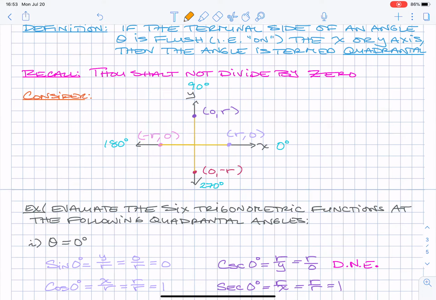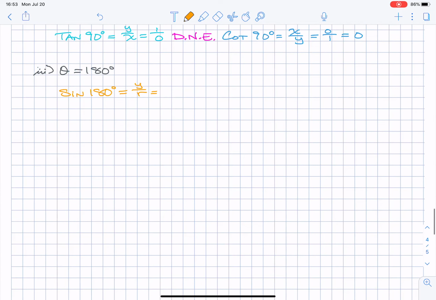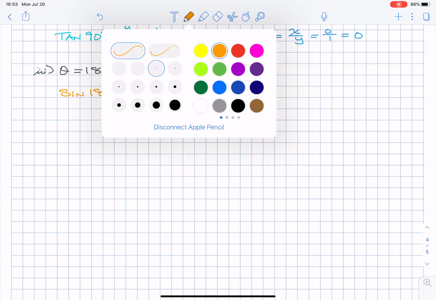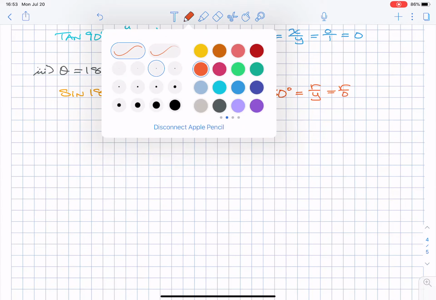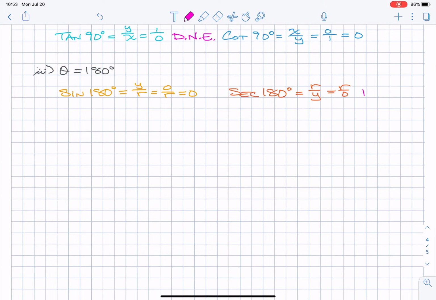So y is 0. So 0 over r, which is just 0. The reciprocal to sine is cosecant. So cosecant of 180 degrees is going to be r over y, which is r over 0, and thou shalt not divide by 0. So this does not exist.